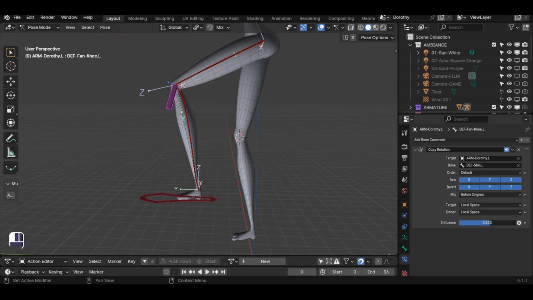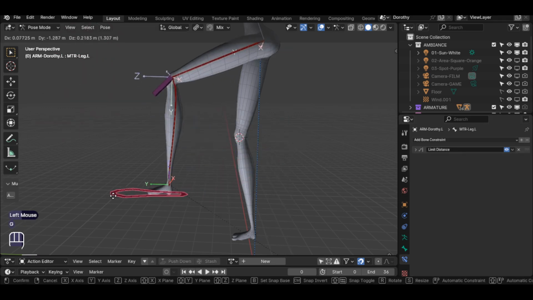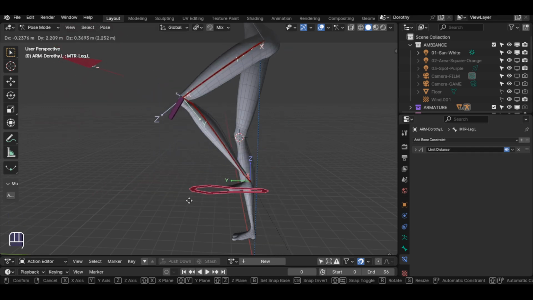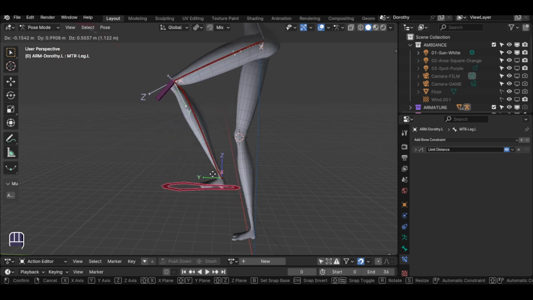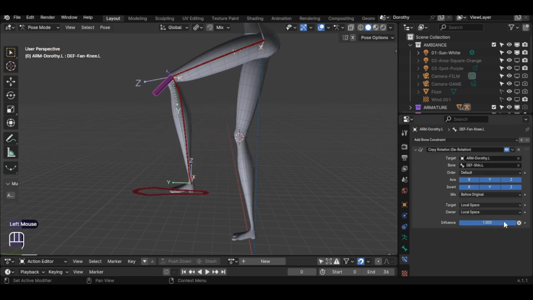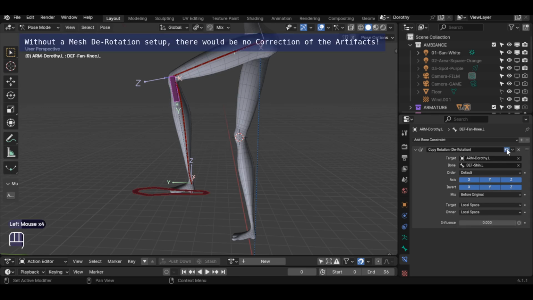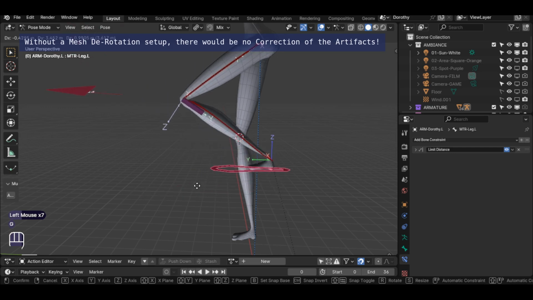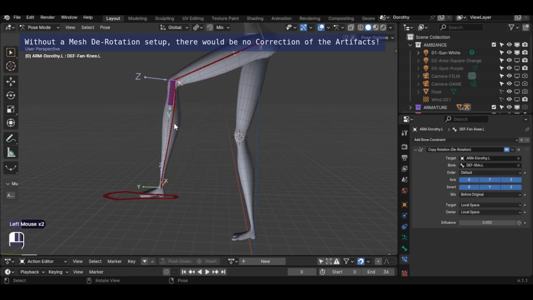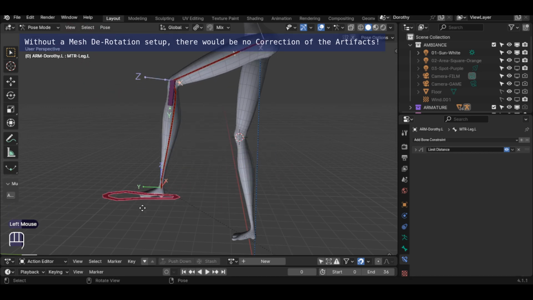That means that, for example, if I have 100% influence, this copy rotation is like an absolute derotation of all the rotations of the parenting relation. So it neutralizes the rotational input from the parenting relation. And by taking the influence to 0, it would be like having no derotation at all. It's like the fan bone is just copying all the rotations from the parenting relation.